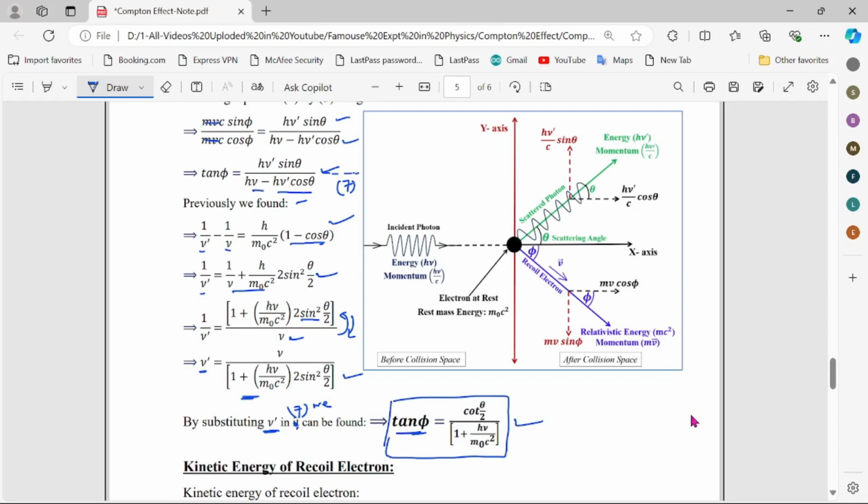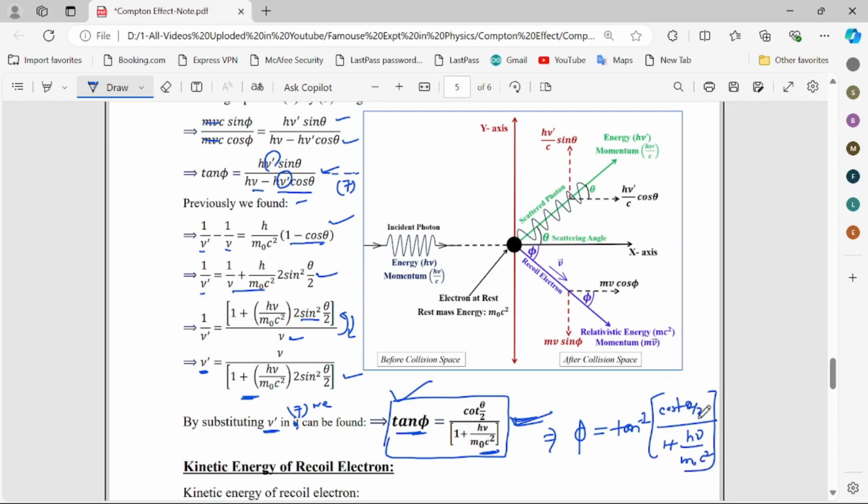When you substitute the mu dash value, finally you will get this answer. So no need to derive it in your exam, just remember this: tan phi is cot theta by 2 by 1 plus h mu by m0 c square. So phi, the angle of recoil of the recoil electron, will be tan inverse of cot theta by 2 by 1 plus h mu by m0 c square.